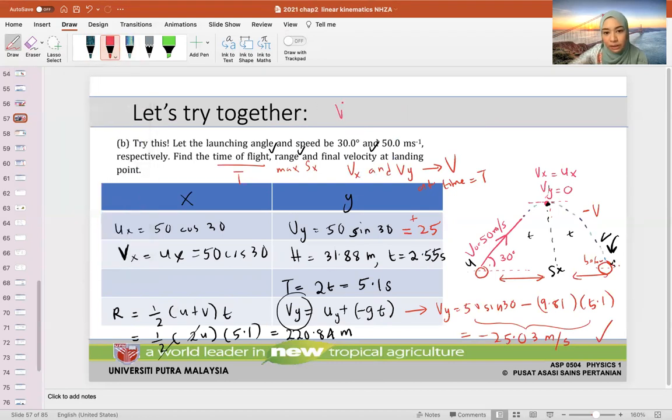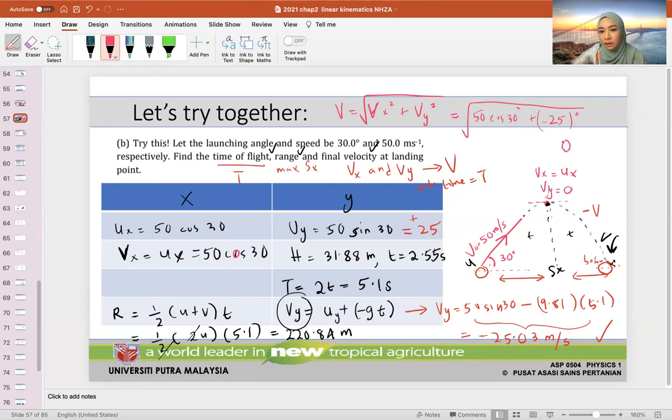So we have our v equals the root of vx squared plus vy squared. Then this will give you the magnitude. So our vx is 50 cosine 30. Use it from here, don't take it from somewhere else. 50 cosine 30 squared. And then you have your minus 25 squared. Okay, this will give you your magnitude.